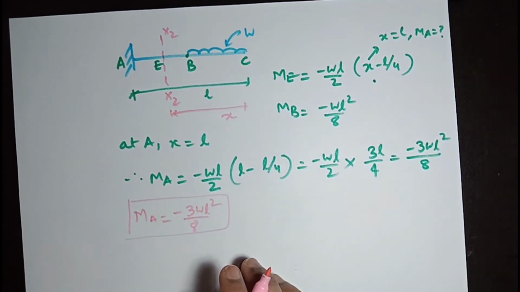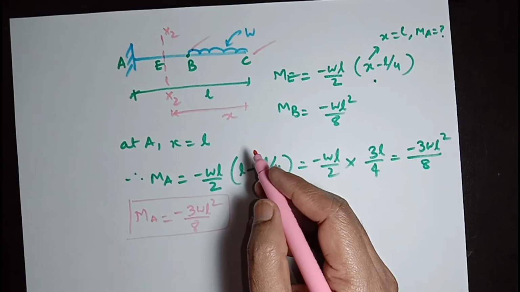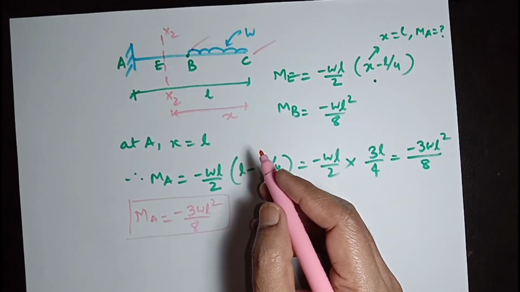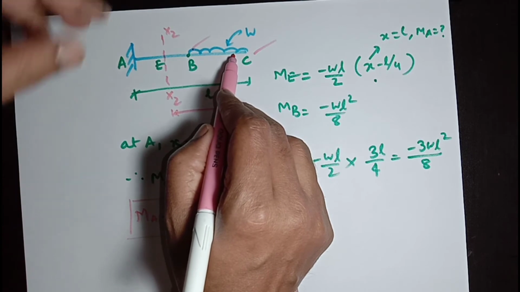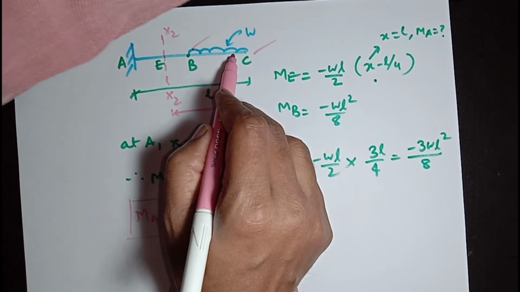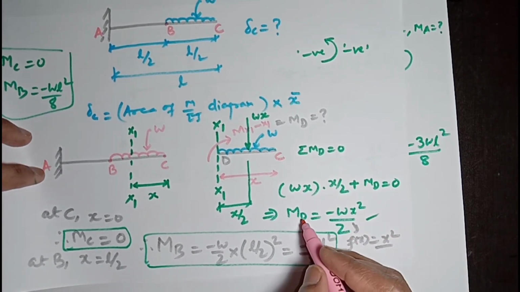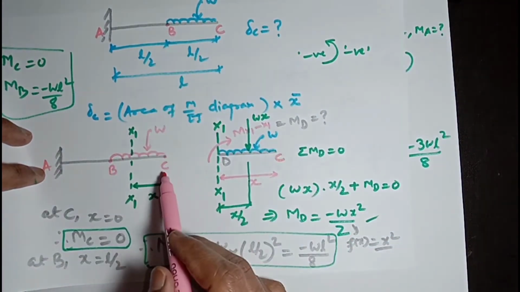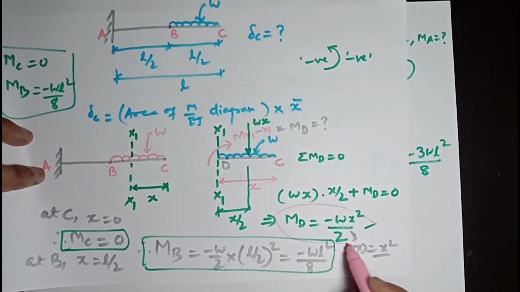So I am done with the calculation for bending moment at critical points C, B, and A, and I also know the expression for bending moment from B to C will be a parabolic curve, as bending moment has a general expression with a function of x square, as we have taken any section x1 from B to C, and I have found this is the general expression for bending moment.